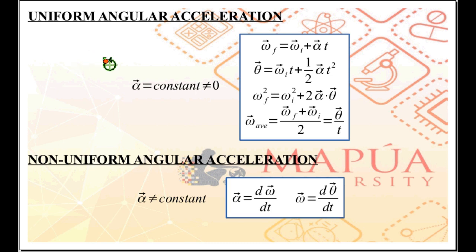Theta is the angular counterpart of x, omega is the angular counterpart of v, and alpha is the angular counterpart of a. So just replace x by theta, replace v by omega, and replace a by alpha. You would have the angular kinematics equations. Of course, you can also memorize the equations for angular kinematics, and at the same time, memorize the equations for motion in a straight line kinematics if you want to.